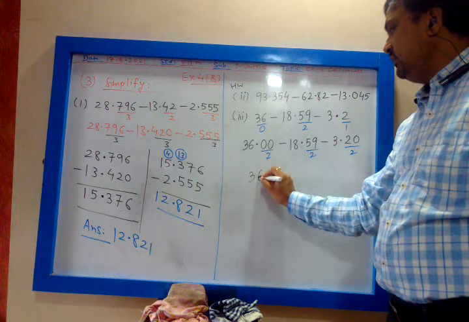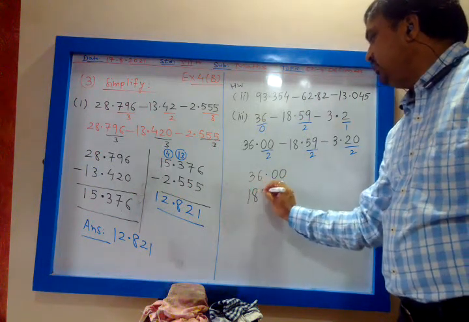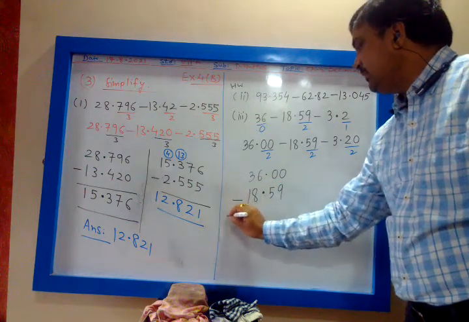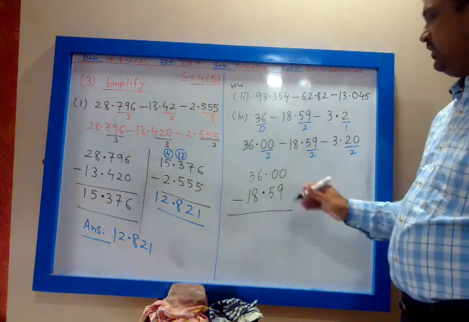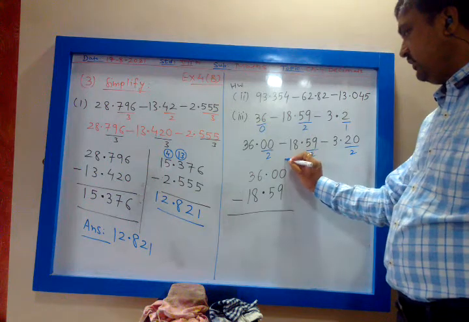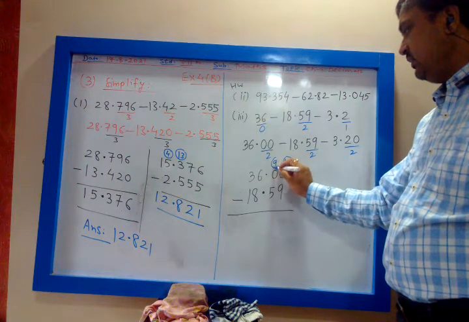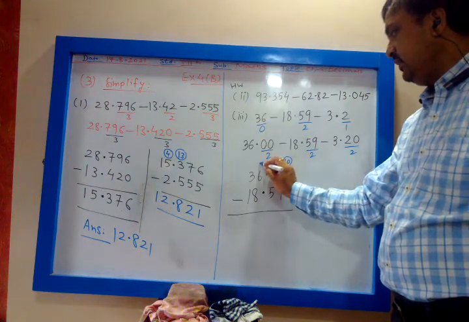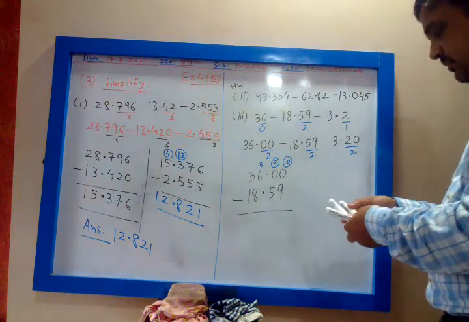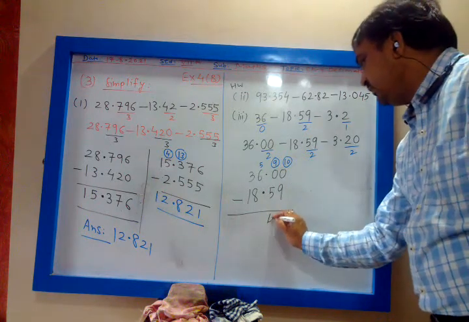Now let us subtract. From 36.00 you have to subtract 18.59. Now 0 is smaller, so 1 will be carried, it becomes 10. Then this 10 will become 9 and 6 will become 5. 10 minus 9 is 1. 9 minus 5 is 4.